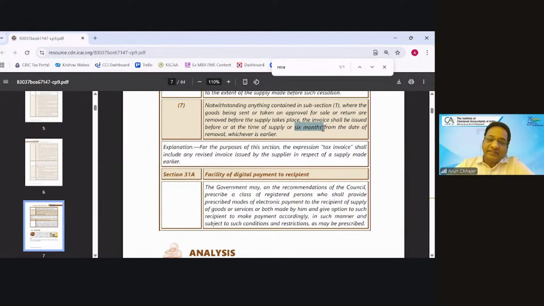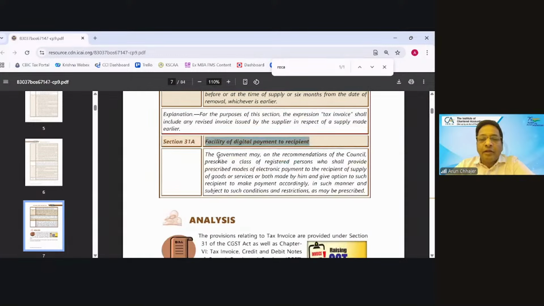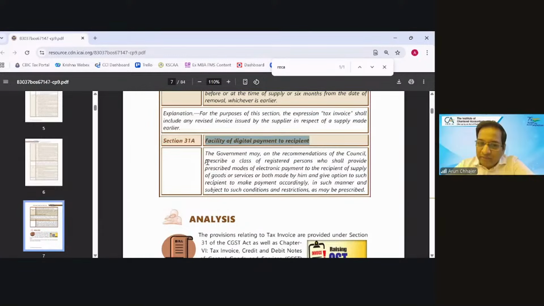Then section 31 subsection A says facility of the digital payment. Government, on the recommendation of the council, prescribes the class of the registered person. What is the meaning of prescribed? Will the rule be there or a notification? What would be there? The answer is rules.